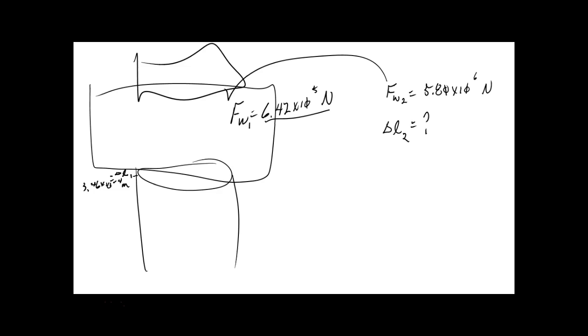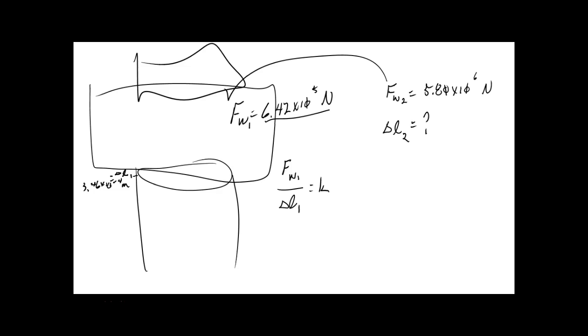But what we want to do, we first need to know our elastic constant, which is F sub W1 over delta L1, that's going to be your K. Because it's the same column, it's not going to change.